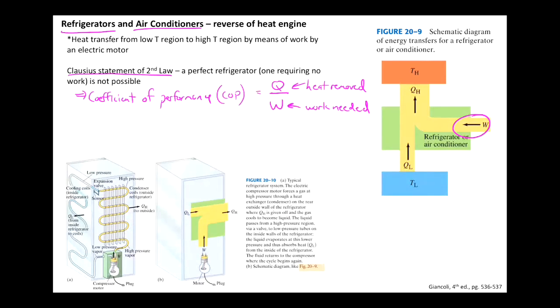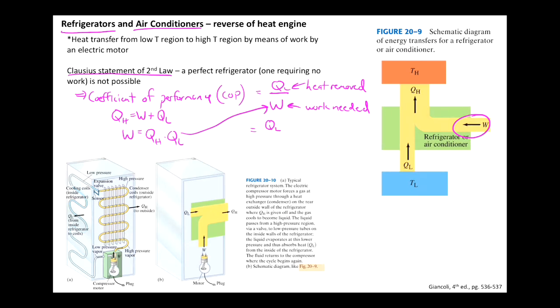So once again, we can rewrite this using the equation we had many slides ago, where QH is equal to W plus QL. And we'll rearrange that for work and plug it into the equation. So work is equal to QH minus QL. We're going to put that in there. So heat removed, that is QL, we could say.